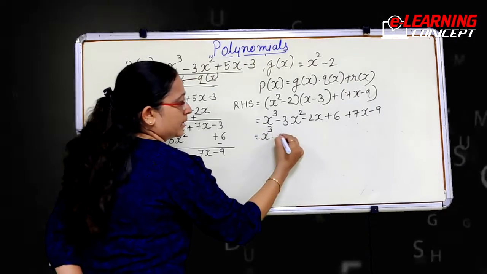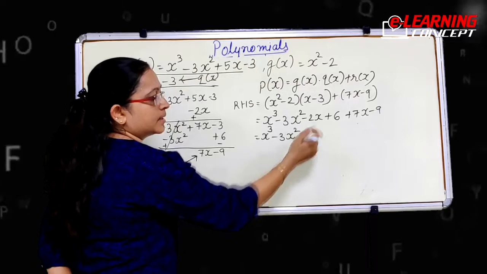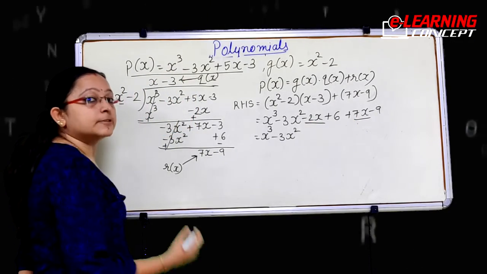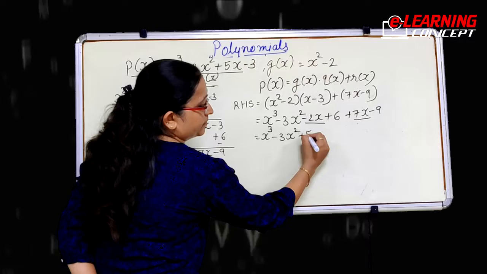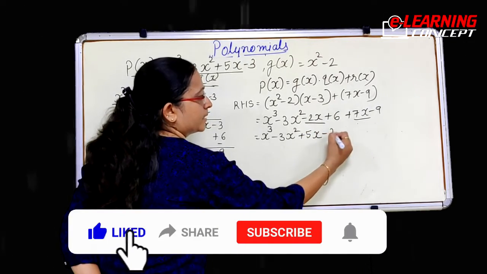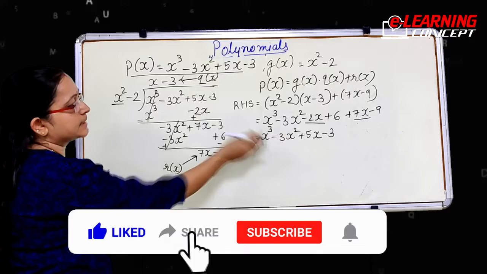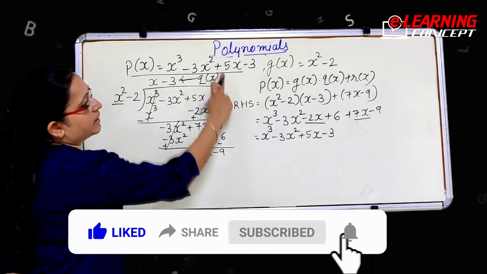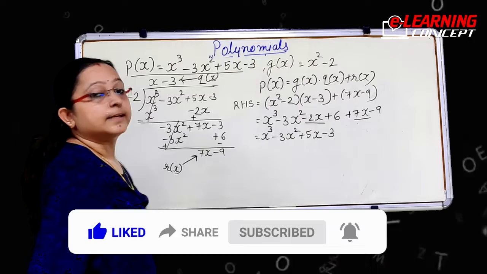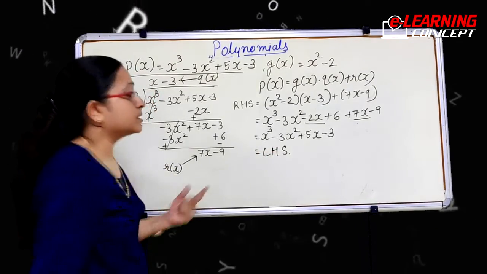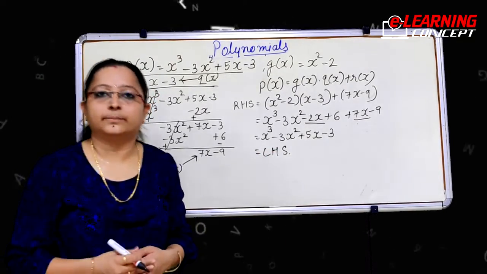Square also we do not have other terms, so minus 3x square. Then minus 2x plus 7x, so that is 5x. Plus 6 minus 9, so we get minus 3. Now let us see whether this is the same as we have in the question: x cube minus 3x square plus 5x minus 3. So in this way this is equal to LHS, and this way we verified the division algorithm.